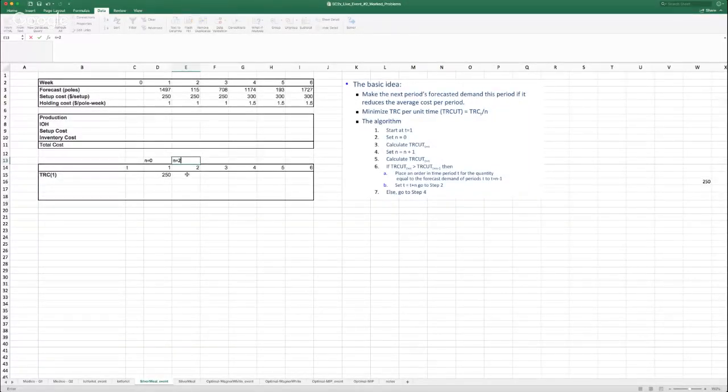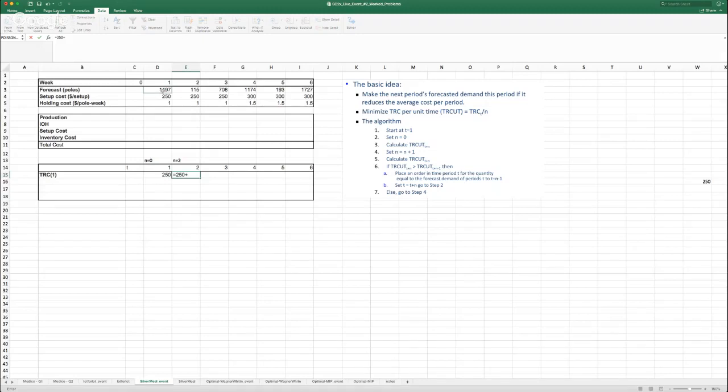And now we need to calculate the total relevant cost for both these time periods. The setup cost will still be 250. But since we are producing for time period 1 and time period 2, there will be some inventory on hold at the end of time period 1.